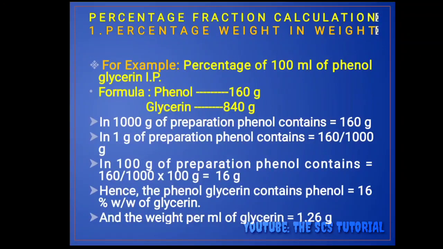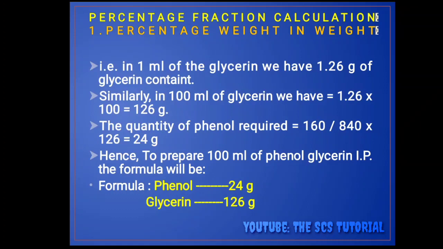We have the weight per ml of glycerin as 1.26 gram. That is, in 1 ml of glycerin we have 1.26 gram of glycerin. Similarly, in 100 ml of glycerin we have 1.26 into 100, that is 126 gram, and the quantity of phenol required is 160 divided by 840 into 126, that is 24 gram.